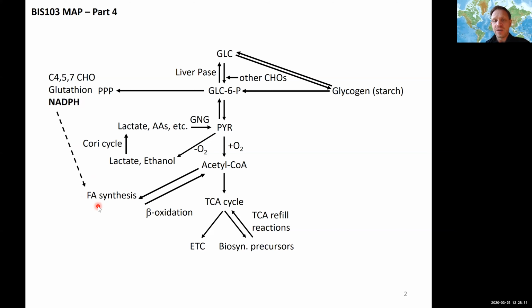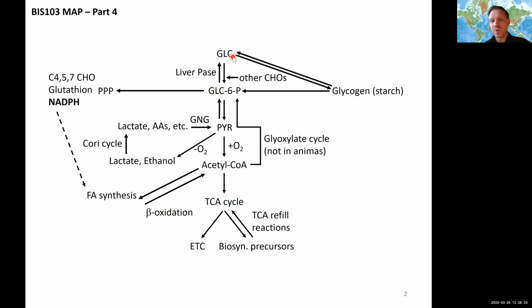And at the end, we also had discussed one exception here, the glyoxylate cycle, a cycle that animals don't have, but plants and microbes have it and can actually bring about the net conversion of acetyl-CoA from fatty acids to generate glucose.